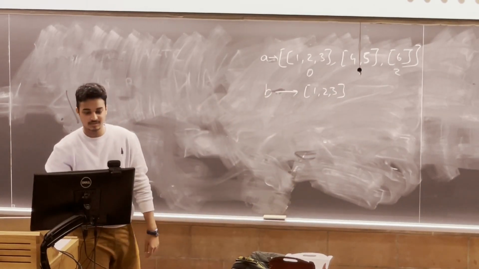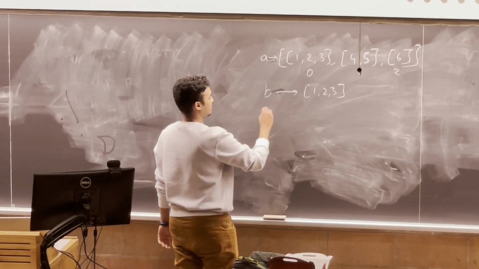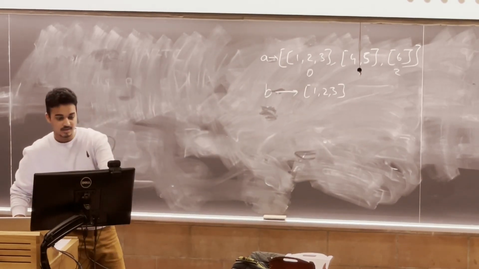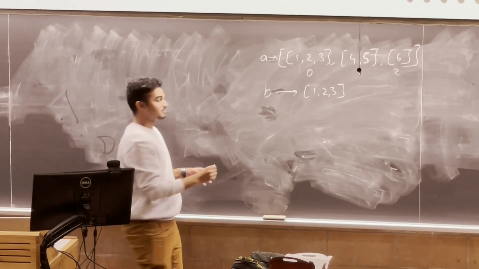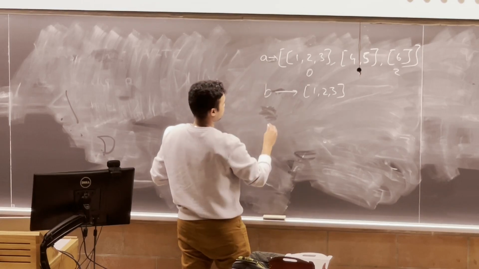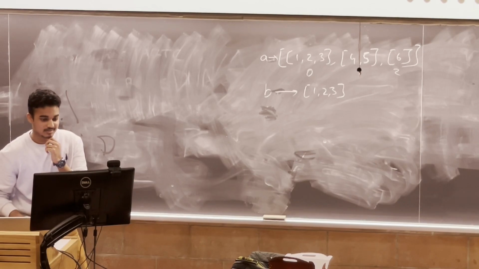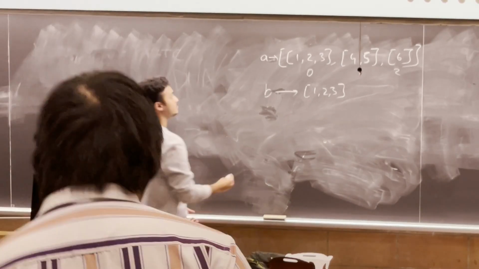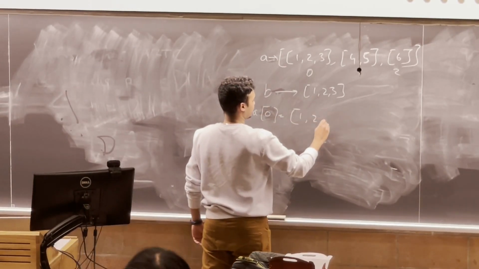And then we have A[0] is equal to 1, 2, 3. So here, this is the key point. When the line A[0] = 1, 2, 3 runs, we're creating a new instance of the list.